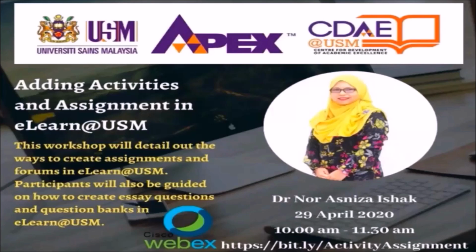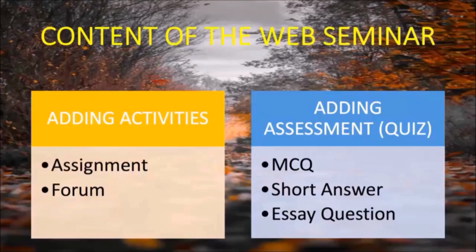So this will be the contents of our web seminar or workshop today. I will start with adding activities first, which I mentioned earlier, only two activities in eLearn that I will cover today, which are how we can add assignments. Well, it sounds very simple, just adding an assignment, but actually you can add so many types of assignments in eLearn, and you can also create a forum.